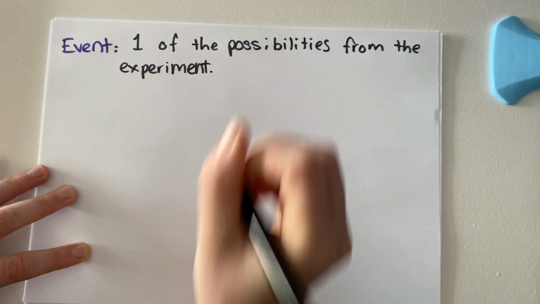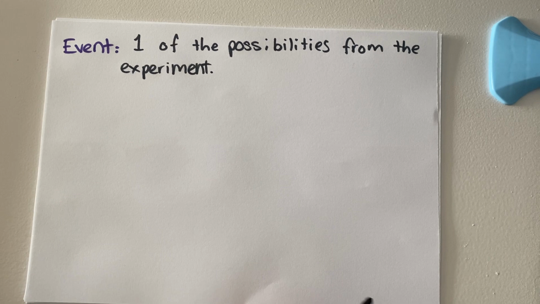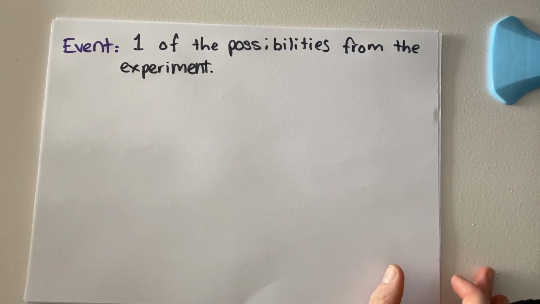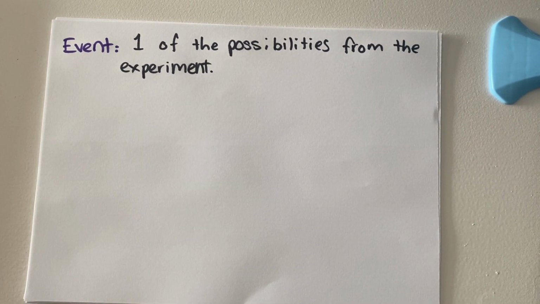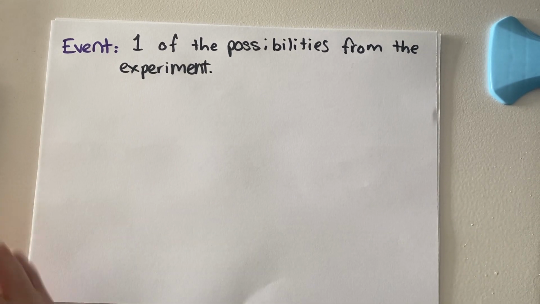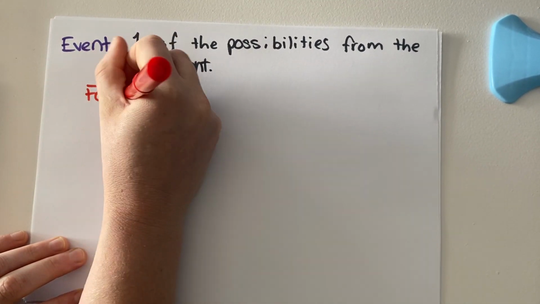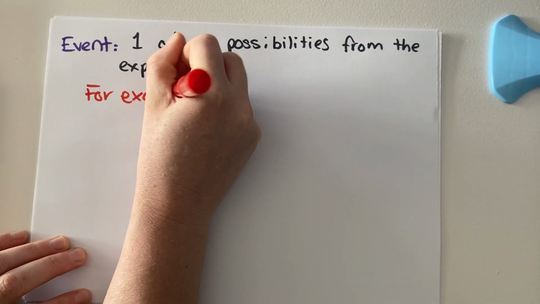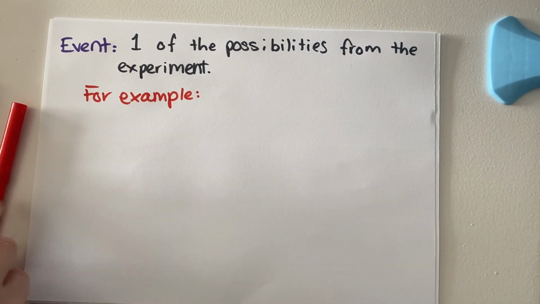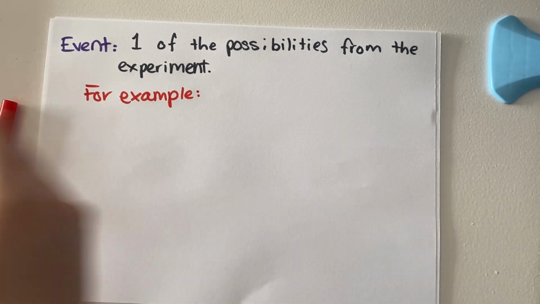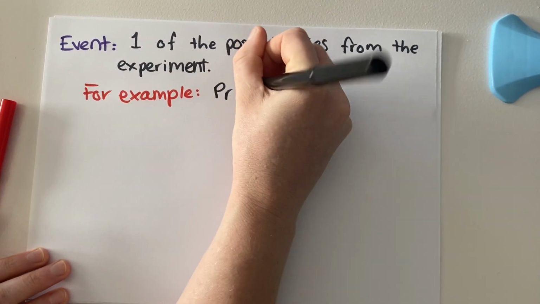So when we talk about an event, we want to say, okay, with rolling a six-sided dice, what is the chance of rolling a 6? Okay, so this will be written as the probability of 6.